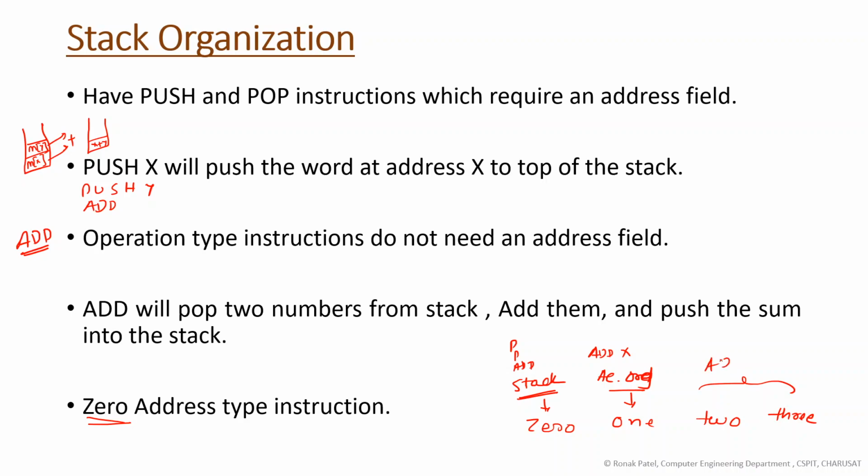If I write add R1 R2 or add R1 R2 R3, so the addition of R2 R3 will be stored in R1, or R1 R2 will be stored in R1. Okay, so this is the stack organization.